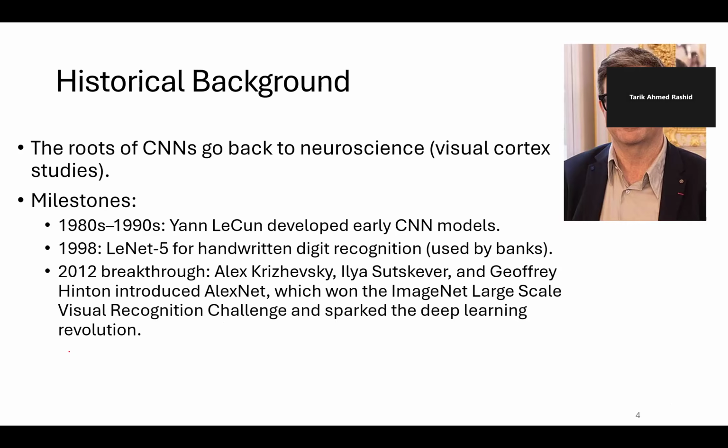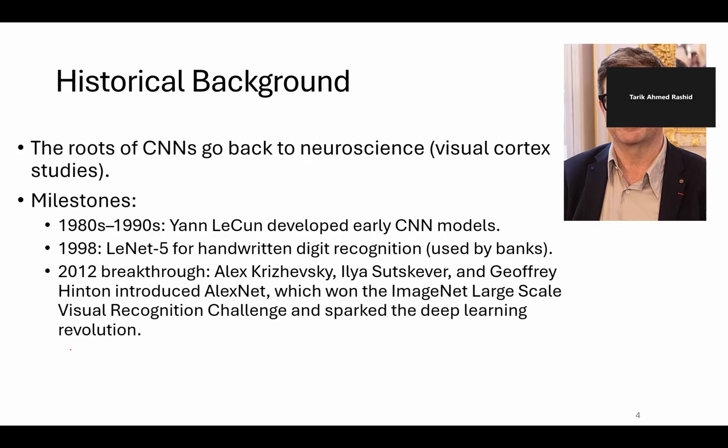Historical background: the roots of convolutional neural network go back to neuroscience or visual cortex studies. Key achievements: in the 1980s and 1990s, Yann LeCun developed early CNN models. Yann is a French American, the first person who worked on developing CNN models.